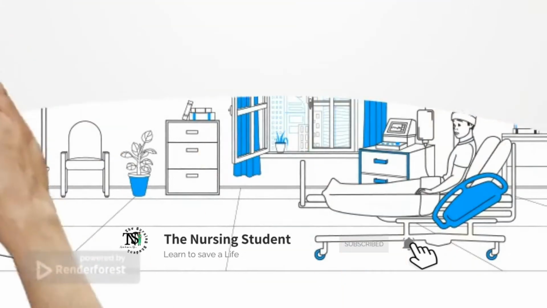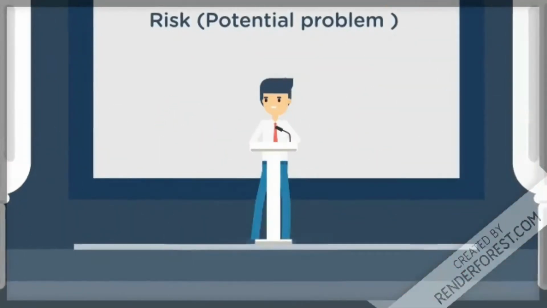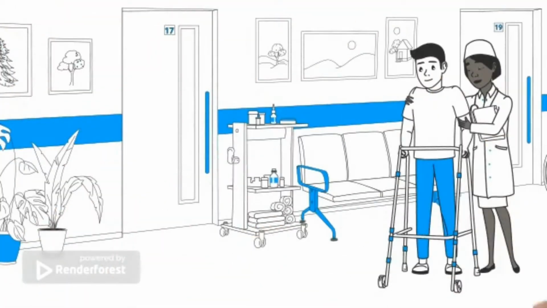The second one is the risk nursing diagnosis, which is like potential problems. Potential problems are problems that can happen but do not exist right now. They can occur if you don't do something about it, but it hasn't occurred yet. For example, risk for falls is a potential problem. A patient suffering from CVA or epilepsy has a risk of falling.